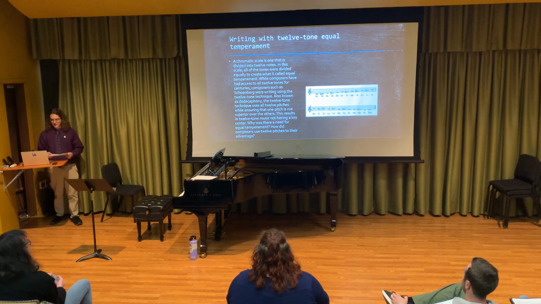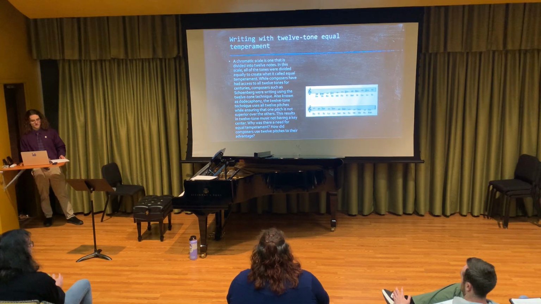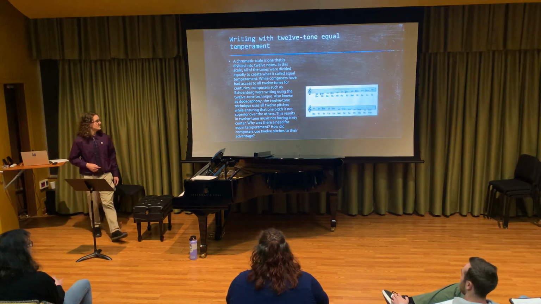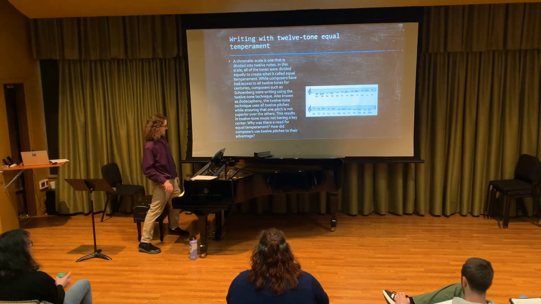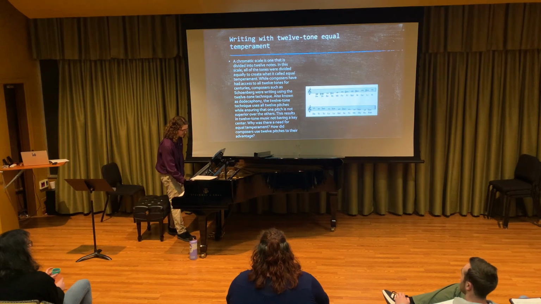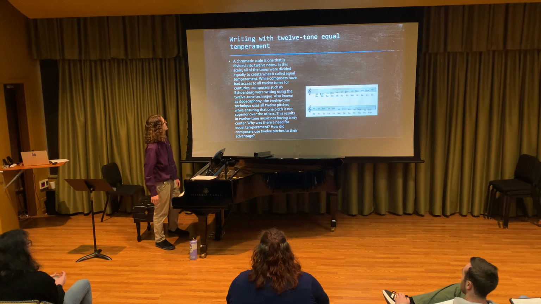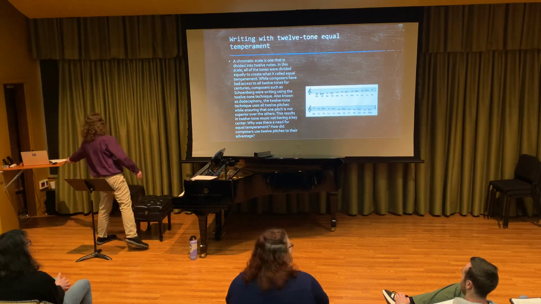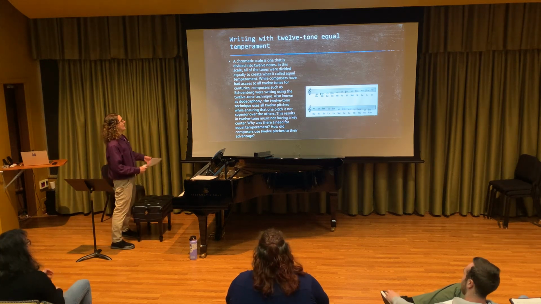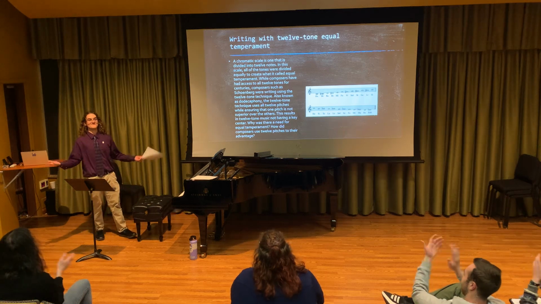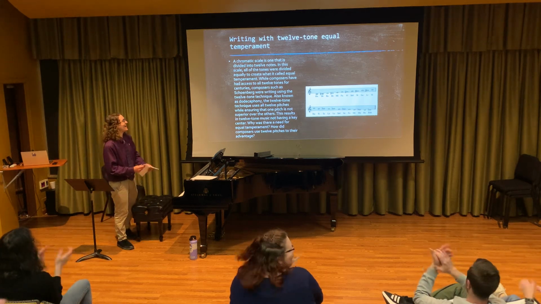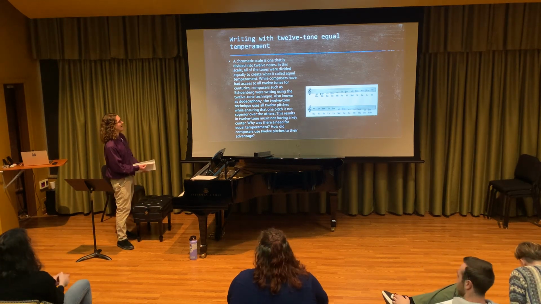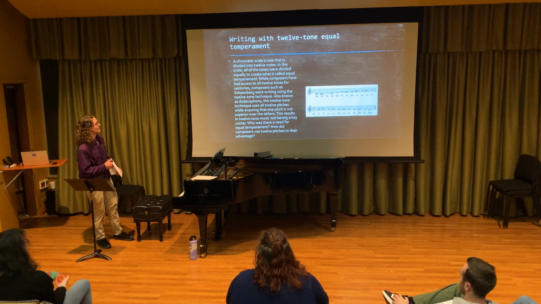So let's talk a little bit about writing with 12-tone equal temperament. So you guys are music students. You know what a chromatic scale is. It's divided into all 12 notes in the octave.